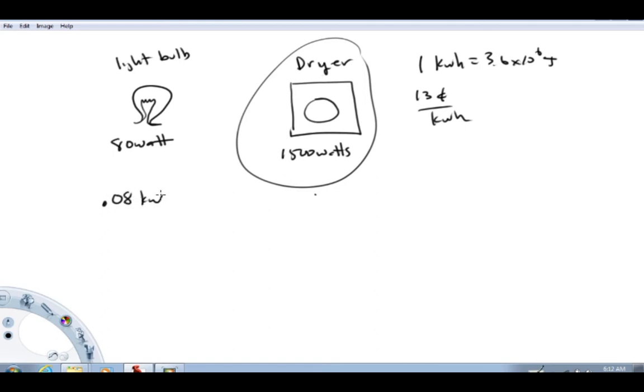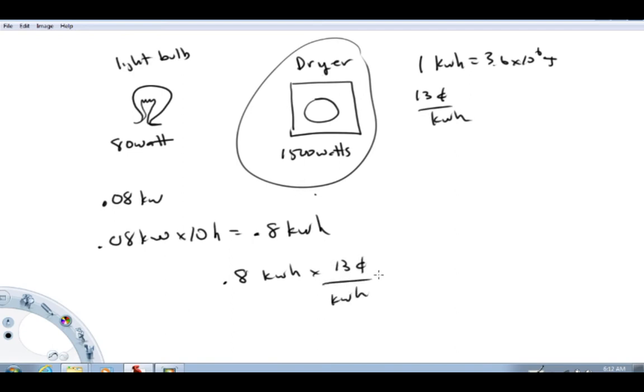And maybe this bulb is on 10 hours a day or something. So my energy use would be 0.08 kilowatts times 10 hours, which comes out to 0.8 kilowatt hours. Then to convert this to cost, I would take my 0.8 kilowatt hours times 13 cents per kilowatt hour, and when we do that multiplication, I get 10.4 cents.